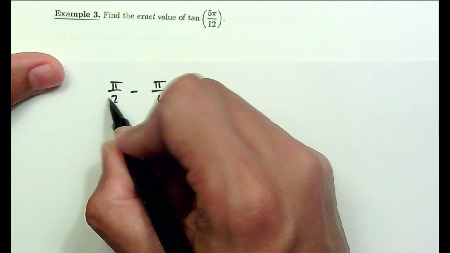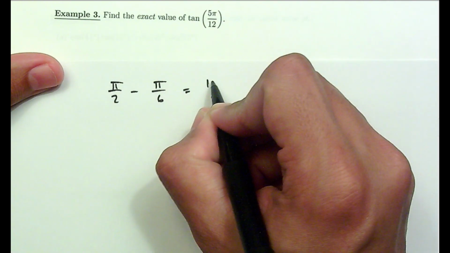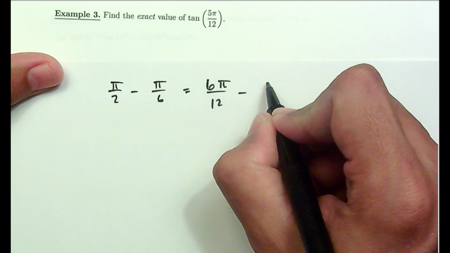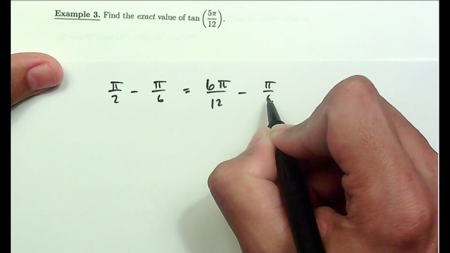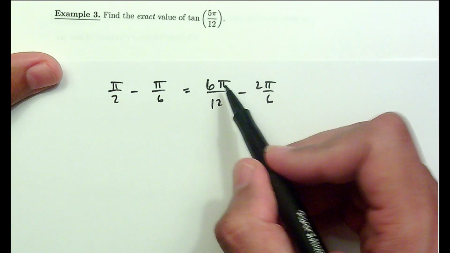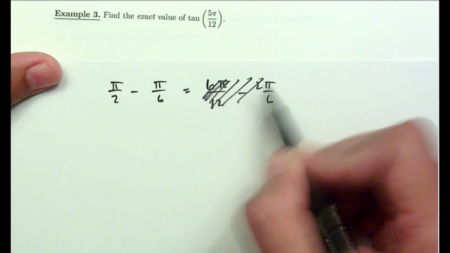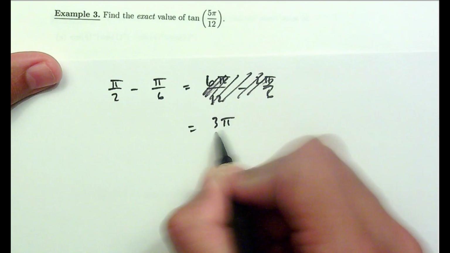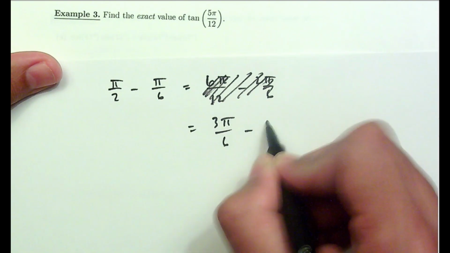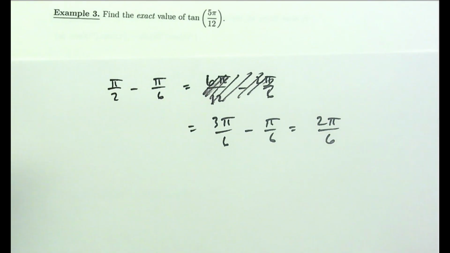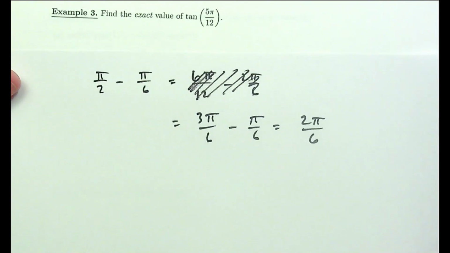Multiply by 6 top and bottom, you will get 6 pi over 12 minus pi over 6, and you have to multiply this one by 2 and 2. Okay, let's do that again. Multiply this one by 3 and by 3, you will get 3 pi over 6 minus pi over 6 equals 2 pi over 6. Whoops, well, that does not work. That was bad.